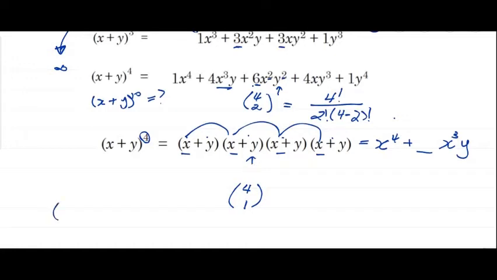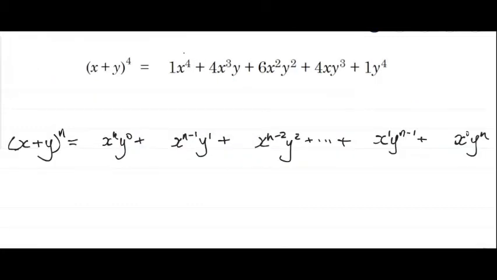So if we've got x plus y to the power of n, our coefficient is going to be n factorial on top, and then down here, that's going to be, how many y's do we have, and then how many x's are left over? So that's what we need to work out.